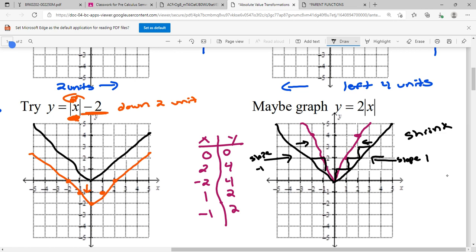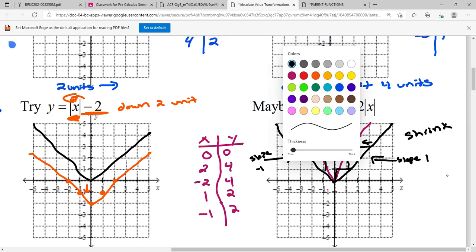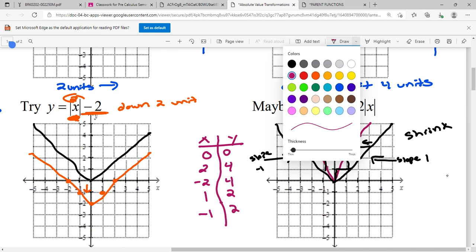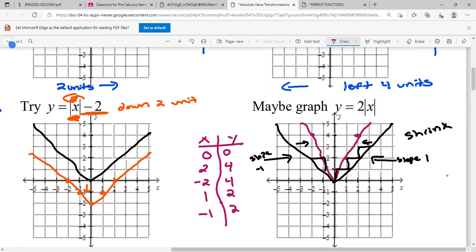If we look at our new slope that we have made, we are going up 2 over 1, up 2 over 1, right? So that is going to be a slope of 2. And this side would just be a slope of negative 2, because it goes up 2, backwards 1, up 2, backwards 1.